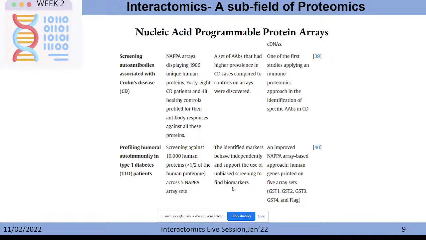So these are the different things, like GST and others. These are the different tags they have used. You can ask why different kinds of tags were used. Different tags were used to remove any bias, because certain proteins are good for the anti-GST and get captured on the spot, whereas others are not.